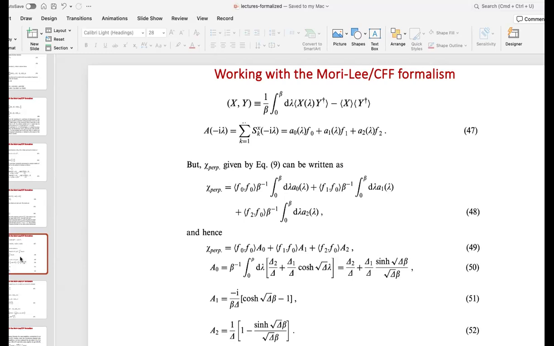So let us now go back to our job of completing the problem, because there are two things we don't know in this calculation so far. We haven't quite calculated the perpendicular susceptibility, right? We don't know this. And we also haven't calculated the chi star.